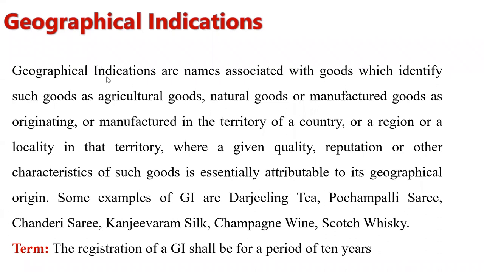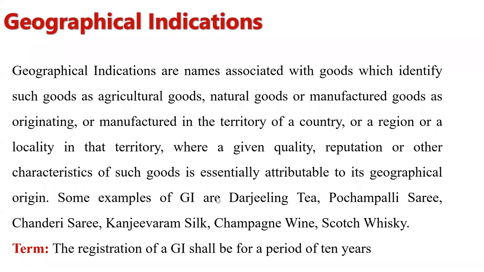That can be registered as a geographical indication. For example, Darjeeling tea is a special type of tea from Darjeeling. But the only thing is that this geographical indication cannot be filed by a single person. A group of persons can file this geographical indication registry, and it is only valid for 10 years.